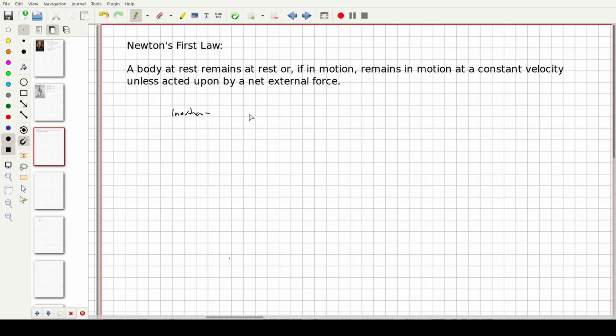Inertia is an object's tendency to resist having its motion changed.